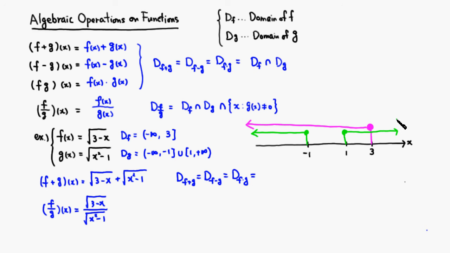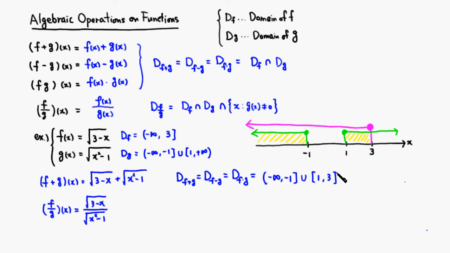The common part is, of course, between 1 and 3, and also less than or equal to -1. So the domain of all these would be negative infinity to -1 inclusive, and also between 1 and 3, including endpoints. That's the domain of those three: addition, subtraction, and multiplication.